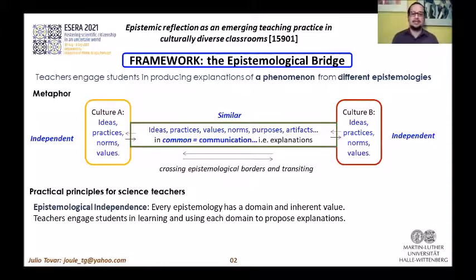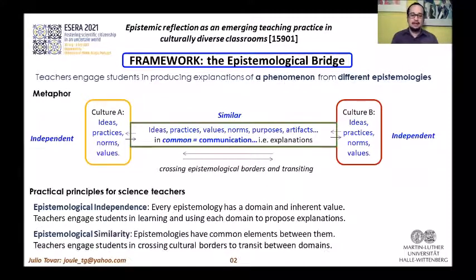First, the epistemological independence, which states that every epistemology has a domain and inherent value. With this, teachers engage students in learning and using each domain to propose explanations. It means that teachers have previously identified the different epistemological domains as content to teach.